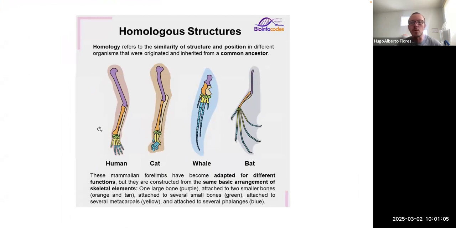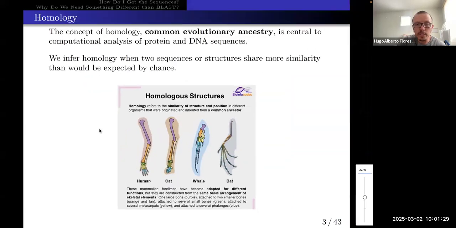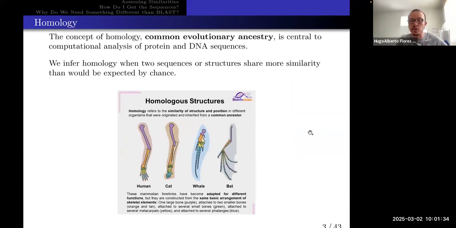So the idea of having a common ancestor in structural biology comes from this similarity of structure or position. We would like to try to understand the same in molecular biology, but it is not necessarily always like that. This is exactly one of the limitations, but this is the main motivation to try to understand evolution based on similarity.